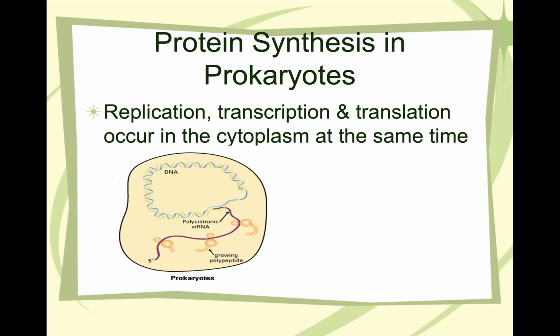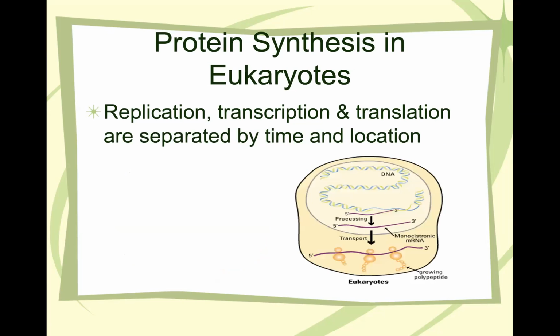So again, I'm just repeating myself here. Protein synthesis in prokaryotes: you've got all of this activity taking place at the same time in the cytoplasm. Replication, transcription, and translation all occur in the cytoplasm of prokaryotes. Okay, we're very clear about that. In eukaryotes, this process is separated by time and by where it actually happens.